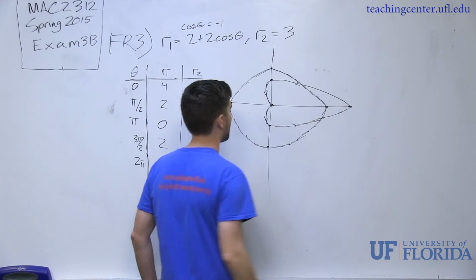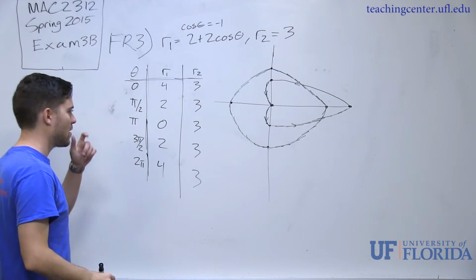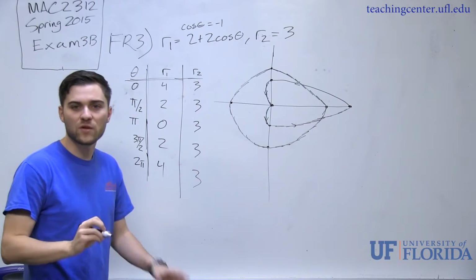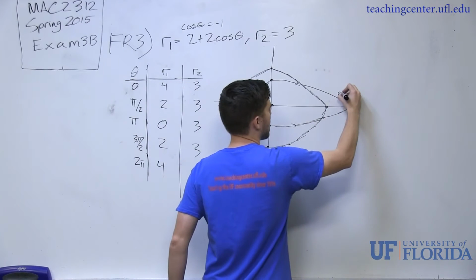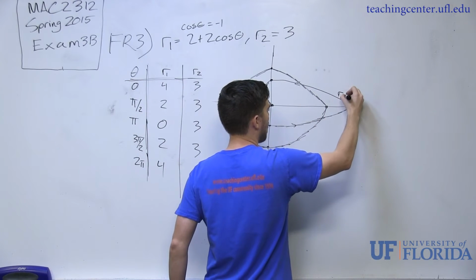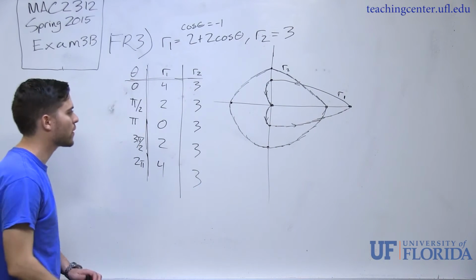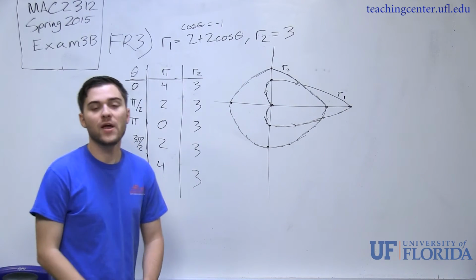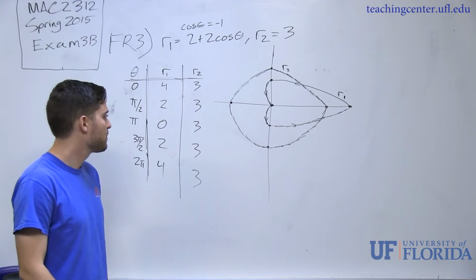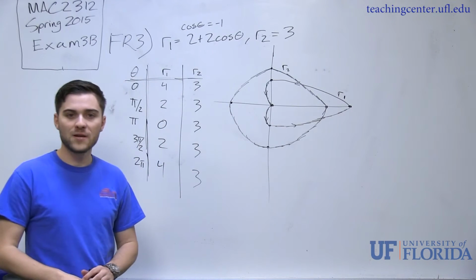But I will try my best. Yep, that was pretty terrible, but at least we have a general sense of what the shape is going to look like. So this is going to be our R1, and this is going to be R2. Great. So that answers question A. Question A just wanted you to graph them. Now we did that.